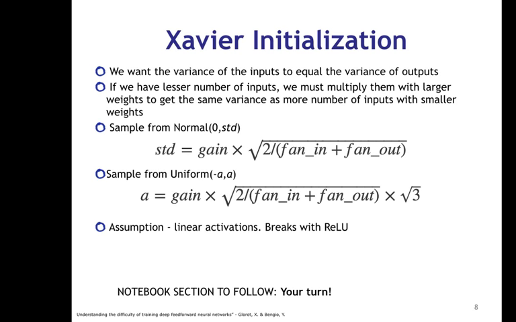For the formula for Xavier, suppose you sample from a Gaussian and you want the variance of the inputs to be equal to the variance of the outputs. Intuitively, if you have a small number of inputs to that layer, and a large number of outputs from that layer, and you want the variances to be equal, then for the side which has a smaller number of inputs, you are dividing by a smaller number to get the same larger weight as the side which has more outputs.